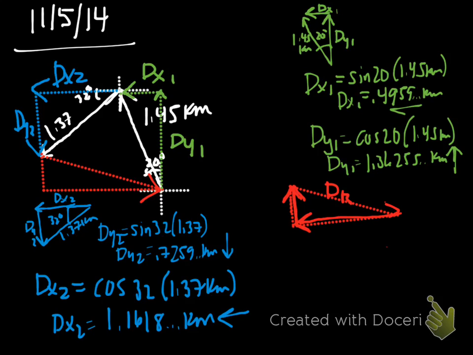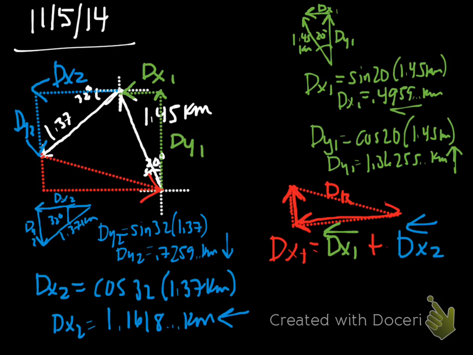So to find our dx total, we're going to take dx1 plus dx2. And what we have to remember is that they are both in this direction. Because they're both in the same direction, it makes our life easy. We don't have to think about subtracting one or making one negative.